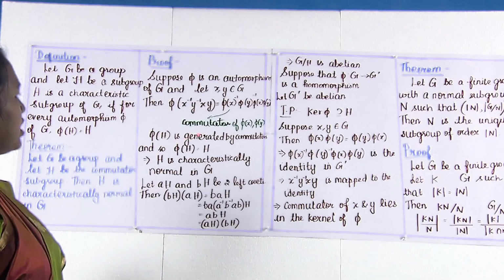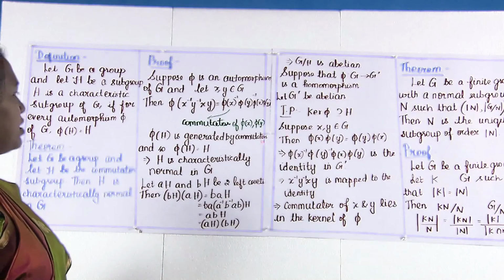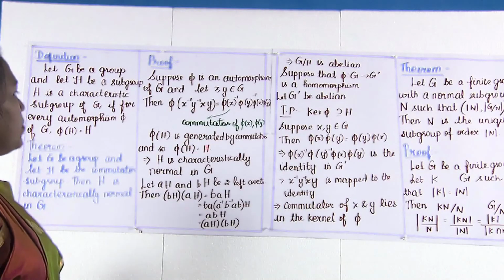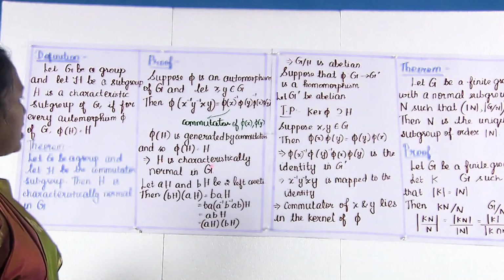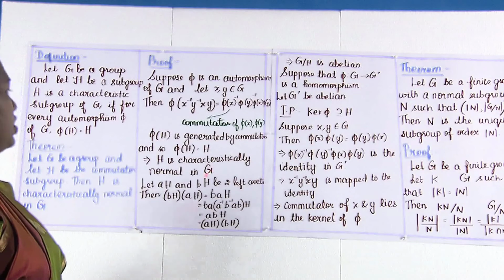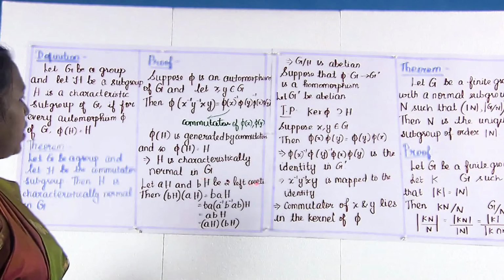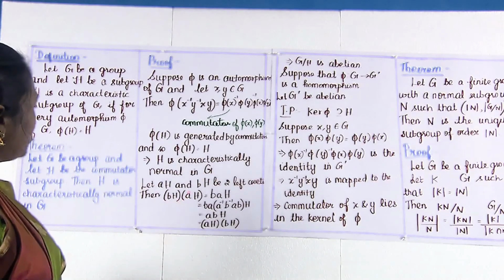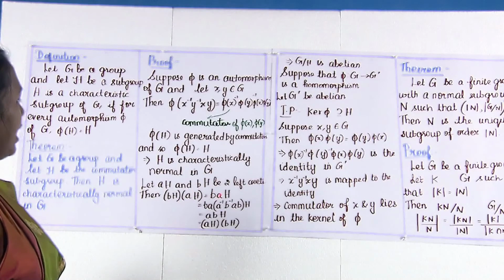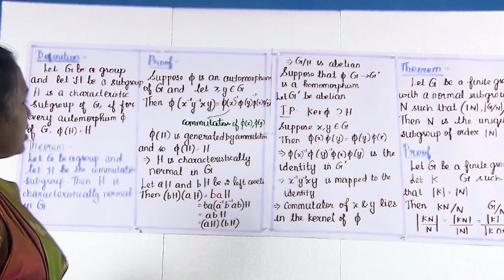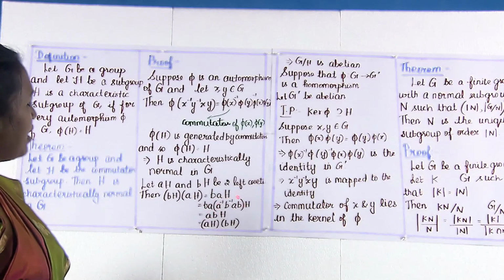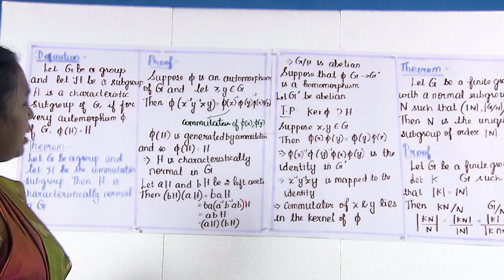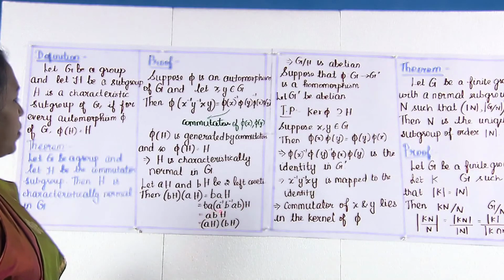Therefore, phi of H is generated by commutators, and so phi of H is equal to H. So, from this definition we can say that H is characteristically normal in G. Let aH and bH be two left cosets, then bH aH is equal to baH when you are doing the product, and therefore, ba, this element is actually the commutator element, therefore, a^-1b^-1ab times H is equal to abH.